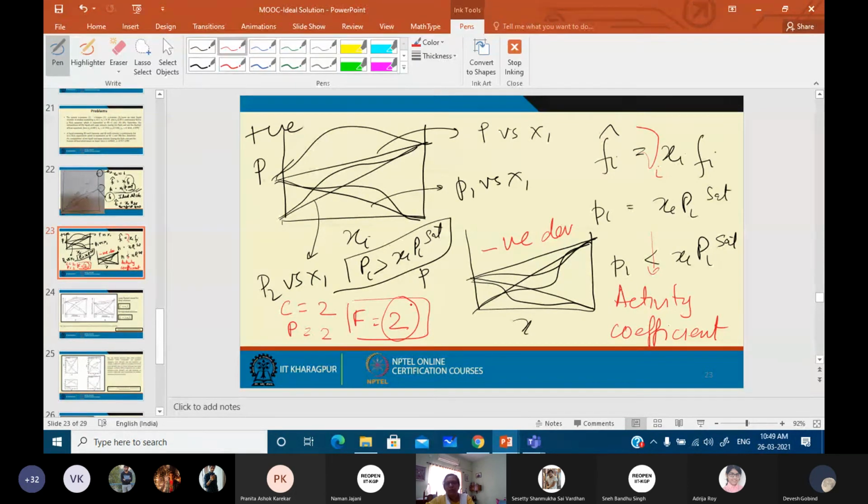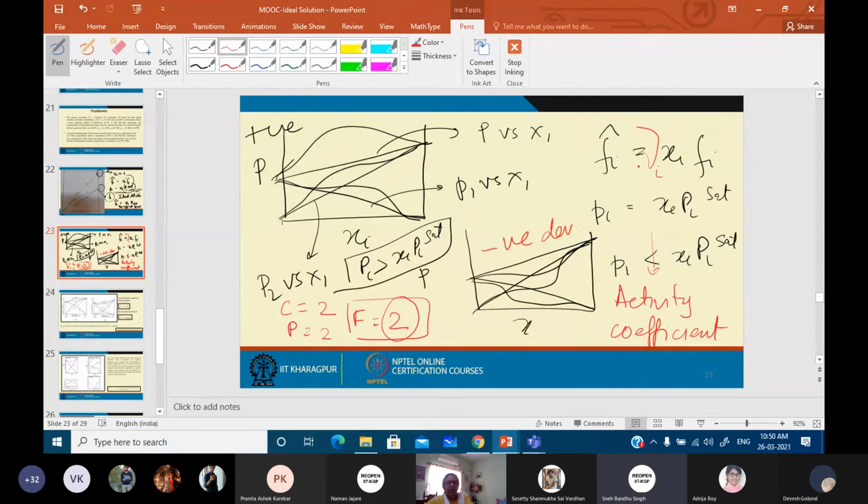So for a non-ideal solution, we need to define gamma i, and in order to do that, we need to probe how to find out gamma i. Once we know how to find out gamma i, we simply incorporate it, and whatever we have done to predict vapor-liquid equilibrium for ideal solutions, we shall continue the same for non-ideal solutions. Is this fine for you?